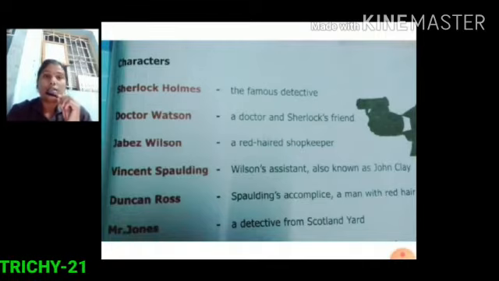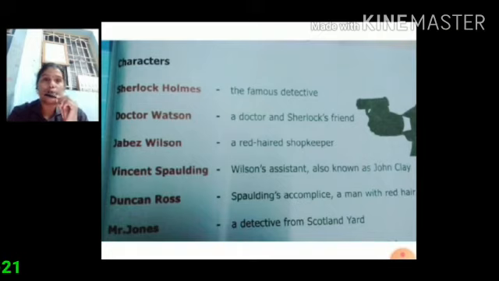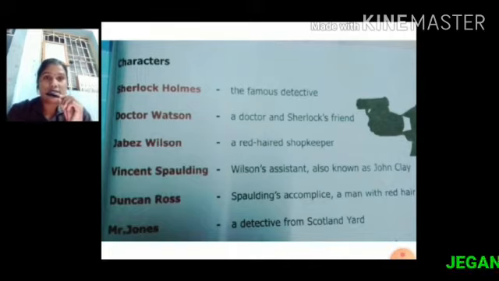Okay. Next character, Jabez Wilson, a red-haired shopkeeper. Next character, Vincent Spaulding.